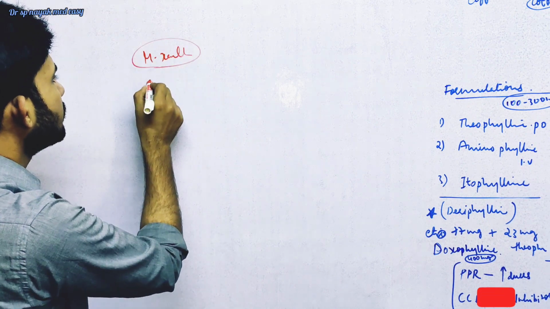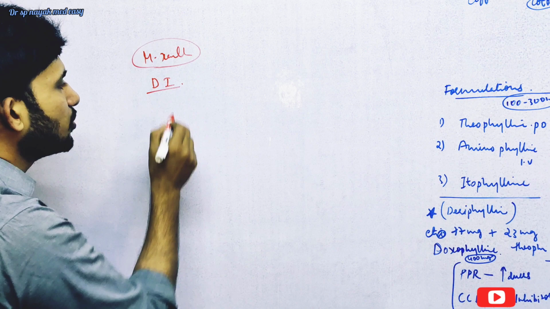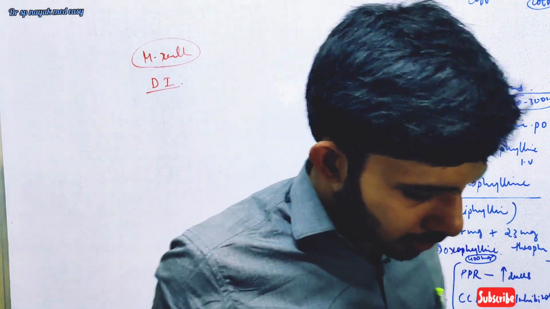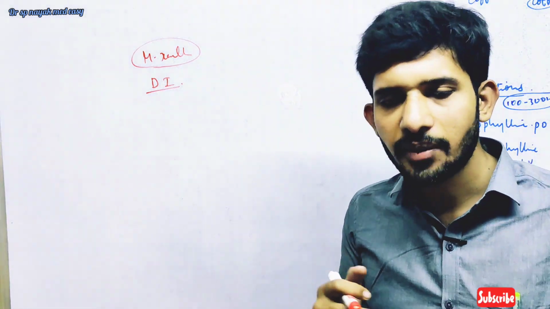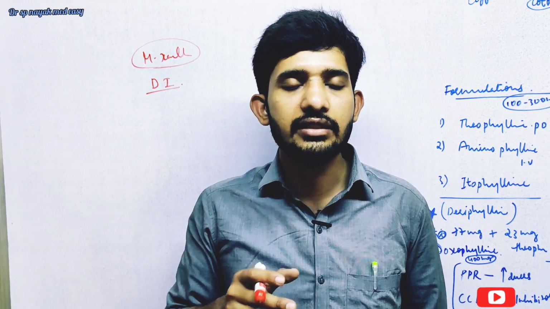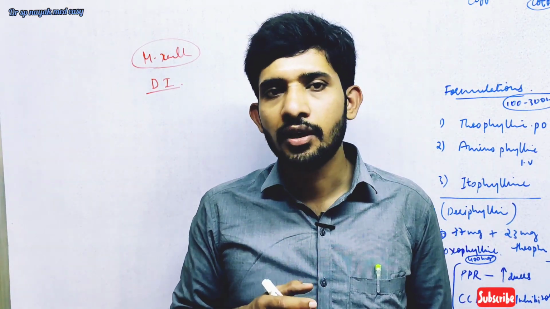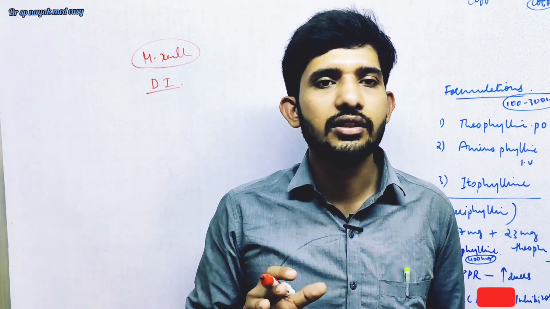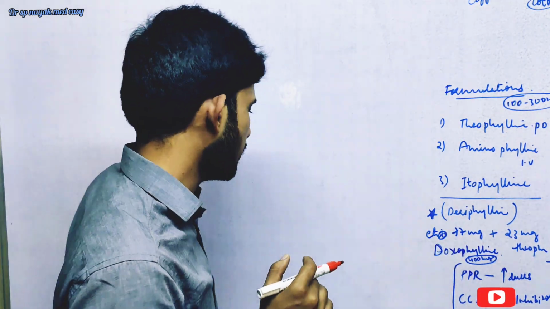This is very important, because when theophylline is given, because of its narrow therapeutic index, sometimes it will be easily metabolized, and sometimes it increases the toxic levels in the body because of some drugs. Because of that reason, we have to study the drug interactions of methylxanthines.